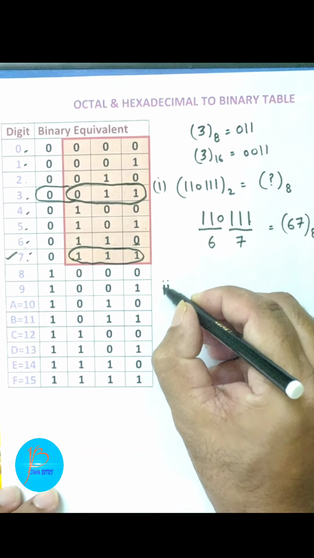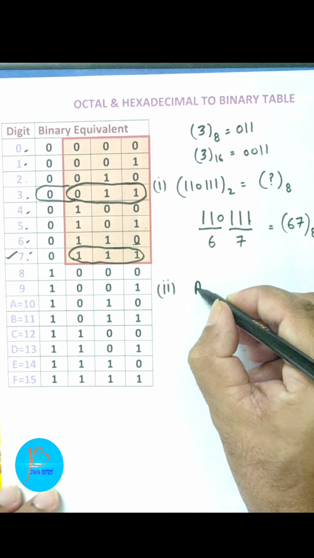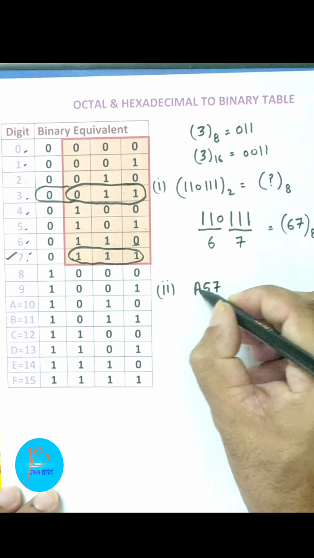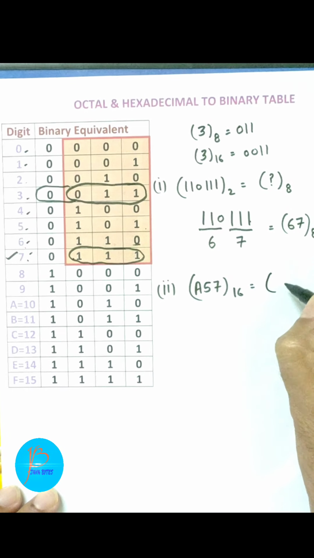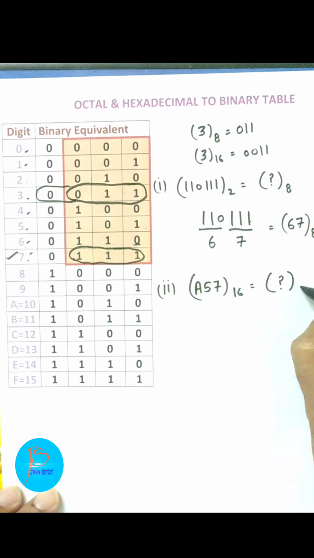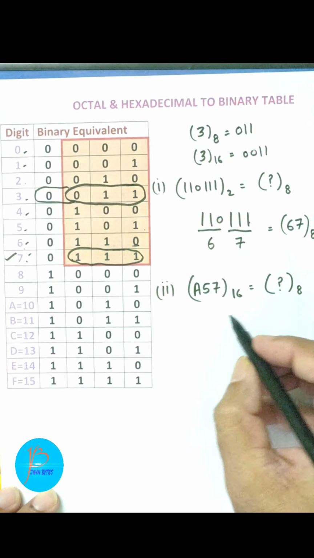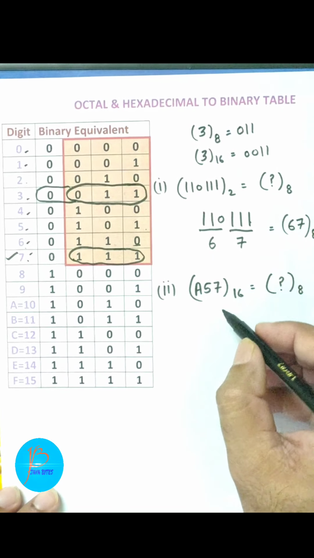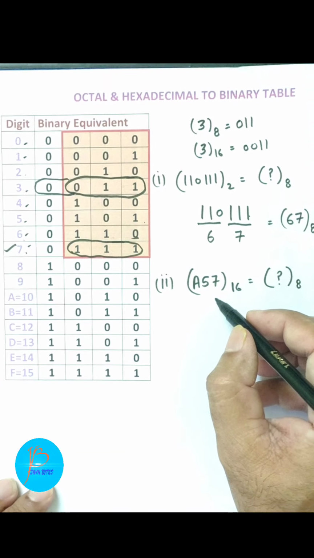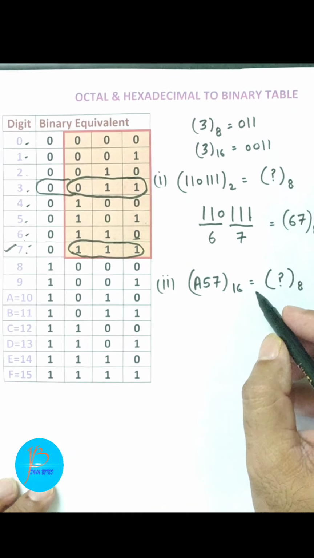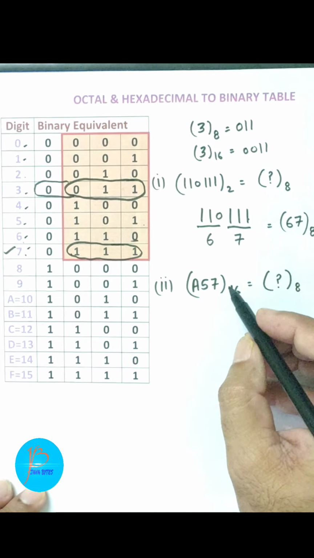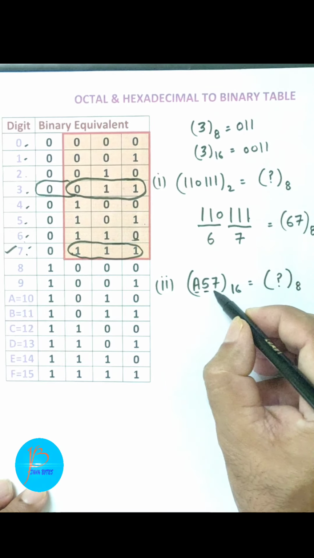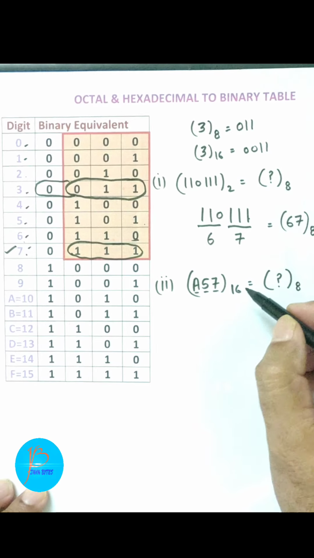The number was given as A57 on the base 16, and we have to find its octal equivalent. So children, how are you going to solve this? First of all, you have to note down the binary equivalent of all three digits of the hexa number.